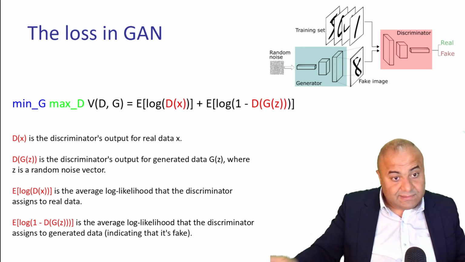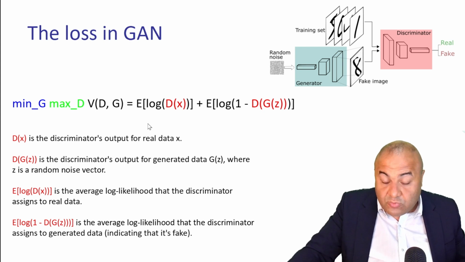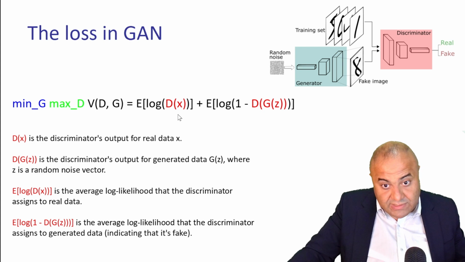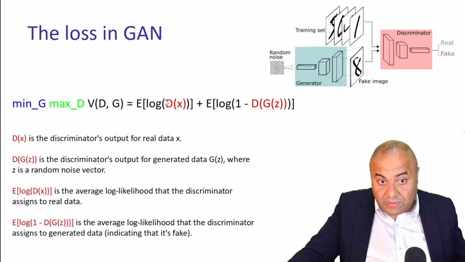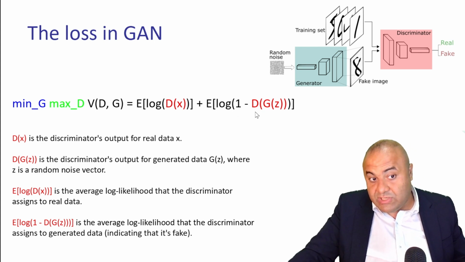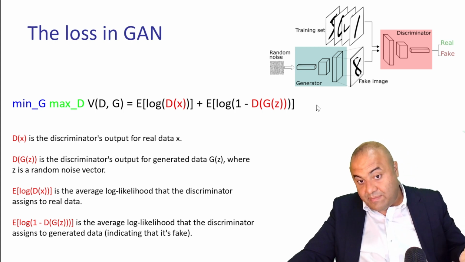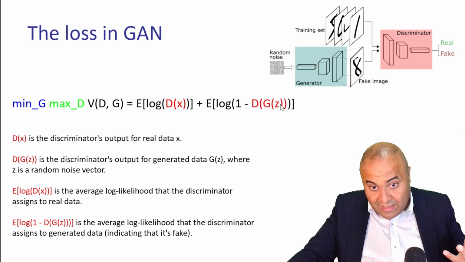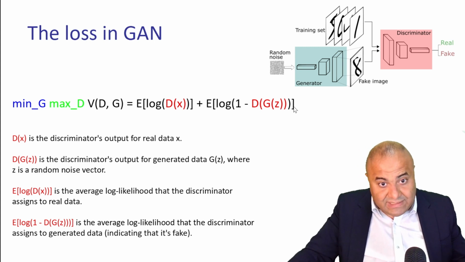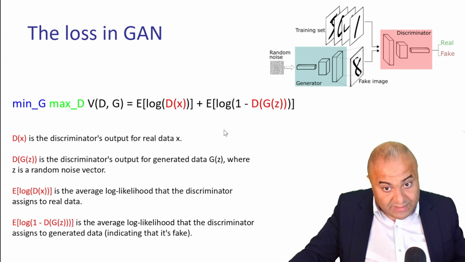On the other hand, the discriminator is trying to predict correctly that D(x) is 1 for a real image, so this is going to be 1. And the other one is the discriminator's prediction of the fake image, which should be 0, so this portion is going to be 0.